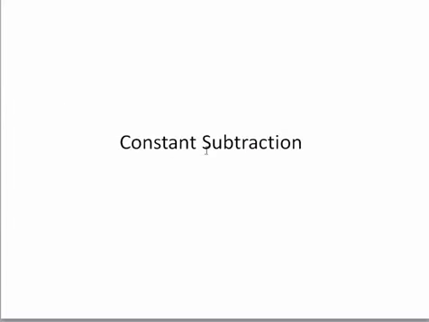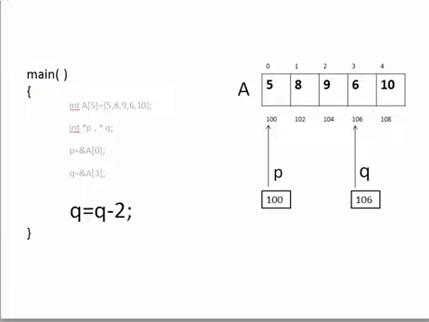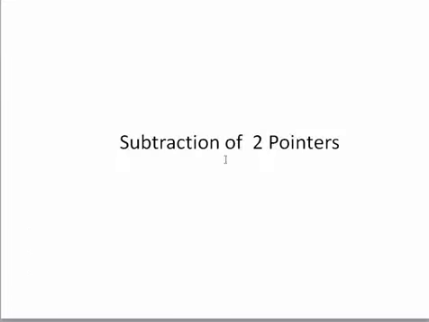Next is constant subtraction. From Q, I am subtracting 2. This means move Q in the backward direction by 2 elements, that is 2 integers. So Q should be pointing to 102. Here Q points to 102. Q is decremented by 2 integers.